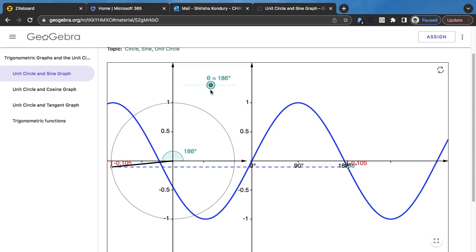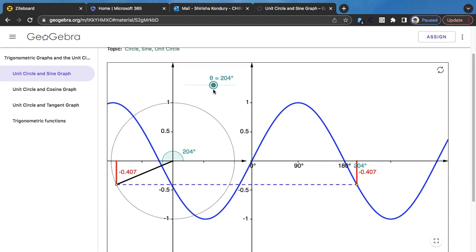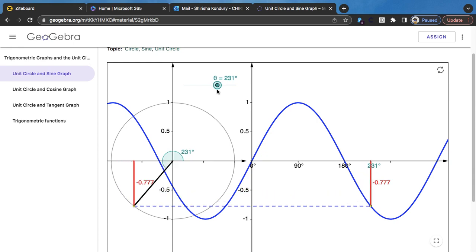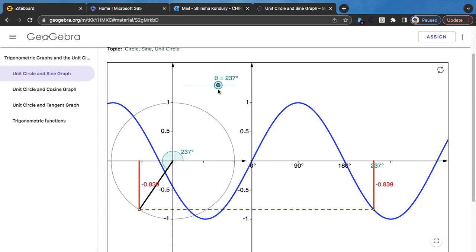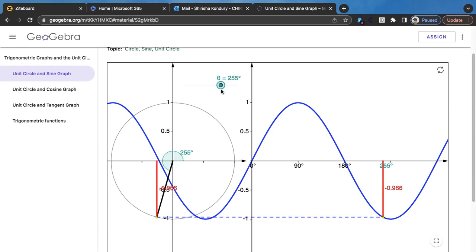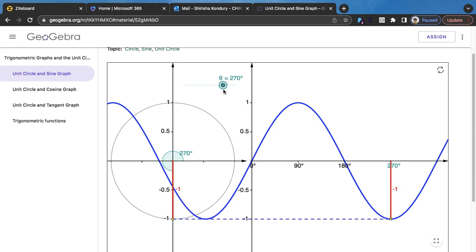Then I go in the third quadrant. Again opposite side is increasing, adjacent side is decreasing, but both are in the third quadrant, so negative values. If you just type GeoGebra trig graphs, you will get this out. At 270, again I'm seeing sine is maximum but in the negative direction and cos is minimum.